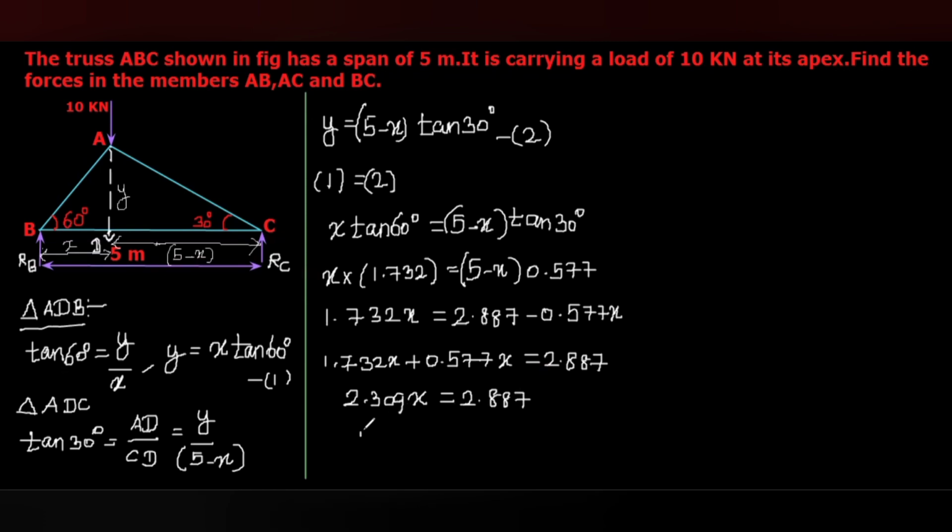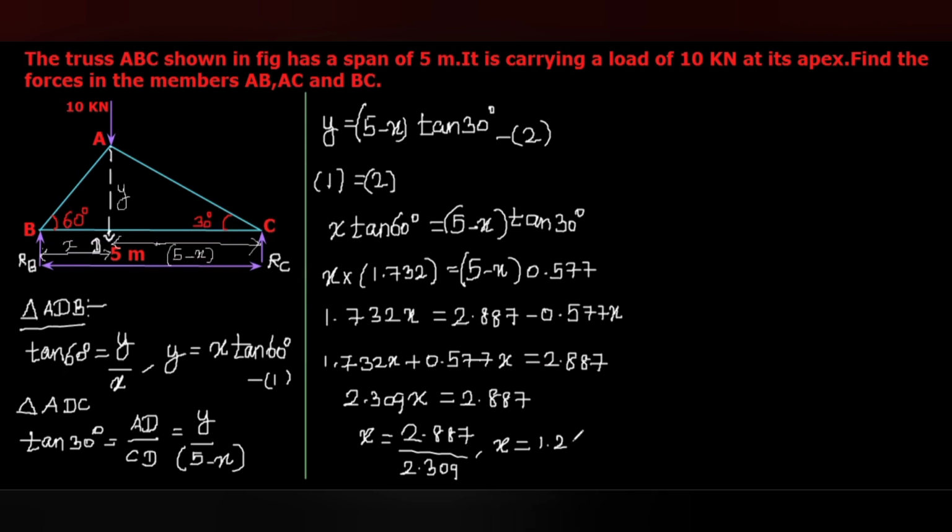So from this, we will get x equal 2.887 divided by 2.309. By simplifying this, we will get x equal to 1.25 meters.